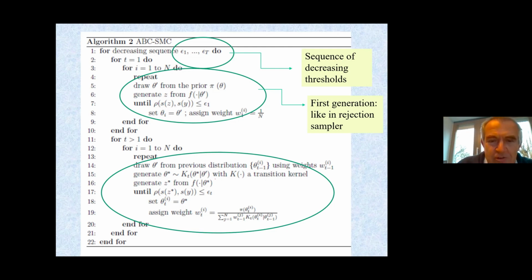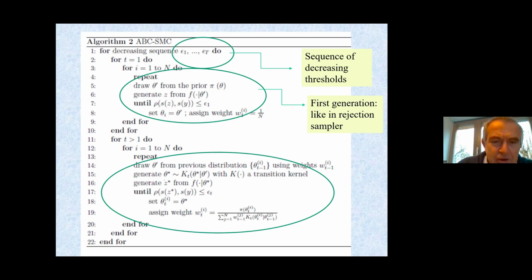This should be the most straightforward application. And since the parents, so to say, are fulfilling this condition, the offspring that you get from this transition kernel typically should also not be too far away. And so you have a higher likelihood to meet such a condition than from the prior distribution.